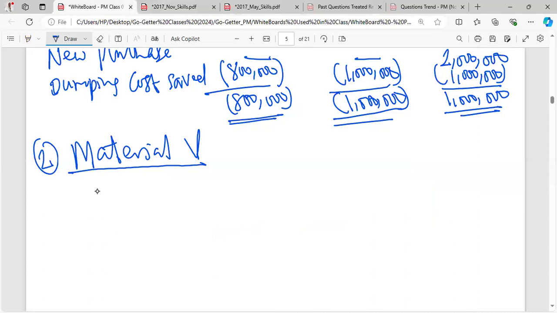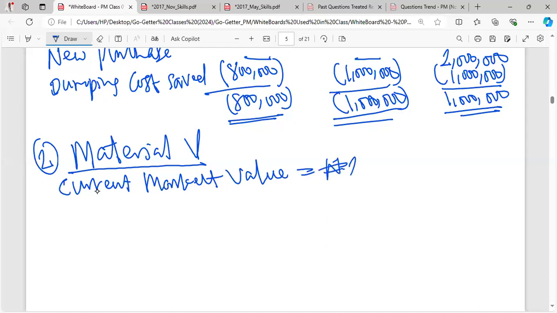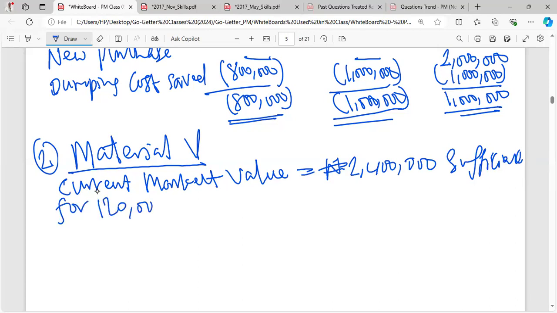Say current market value equals 2,400,000, sufficient for 120,000 cases.